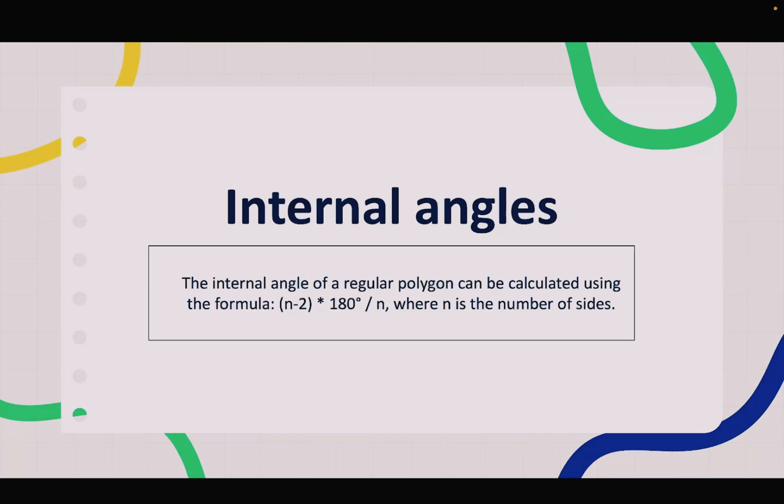Since a triangle has three sides, we put 3 in place of n. So n minus 2 becomes 3 minus 2, multiplied by 180, divided by 3. Let's say pentagon as an example. Pentagon is 5, so we put 5 minus 2, multiplied by 180, divided by 5.